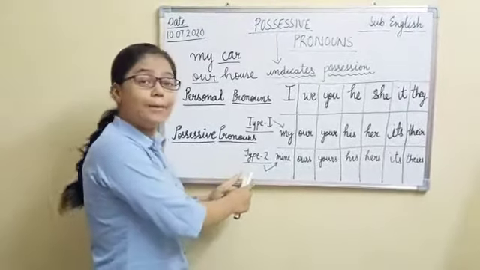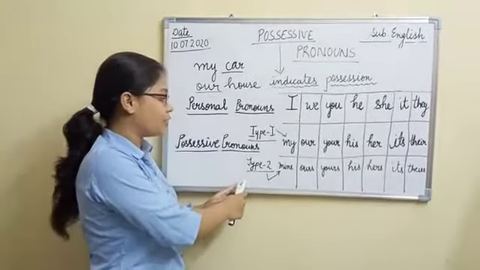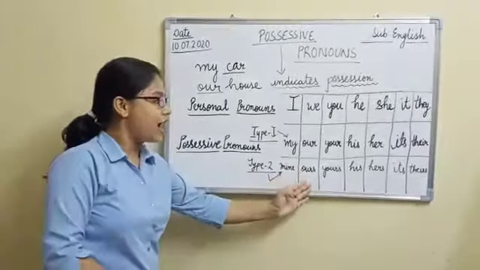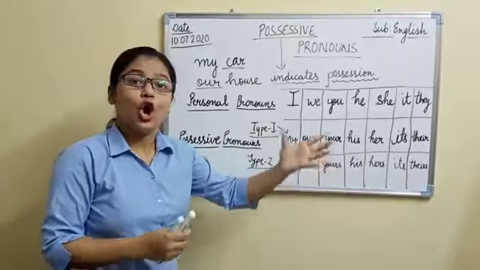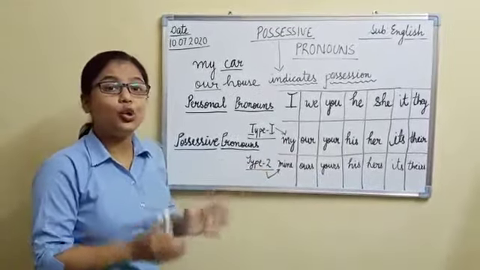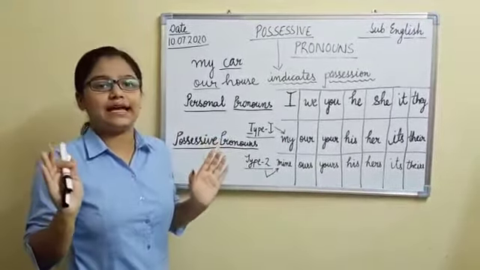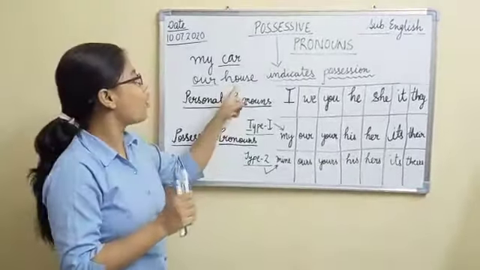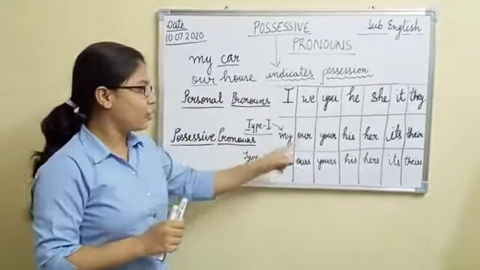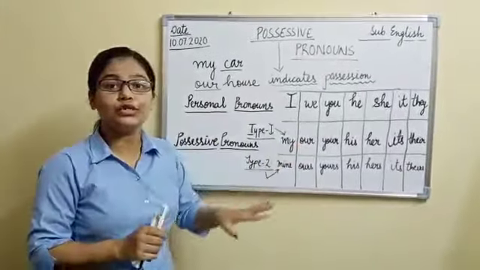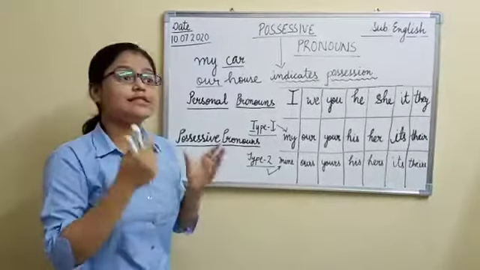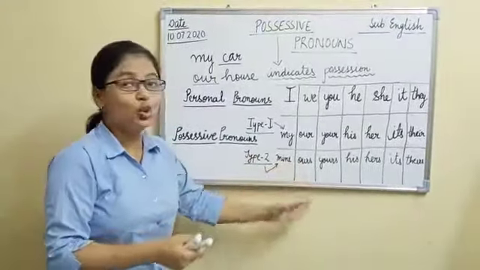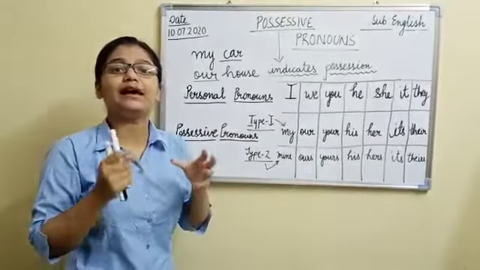Whereas if we talk about the second type of possessive pronouns, like mine, ours, yours, his, hers, its, theirs, all these are used independently in a sentence. There is no need of a noun here, right? With the first type we were using nouns, but with these there is no need of support.